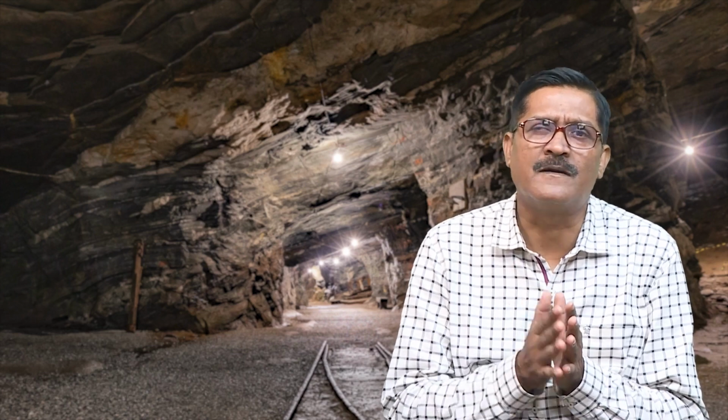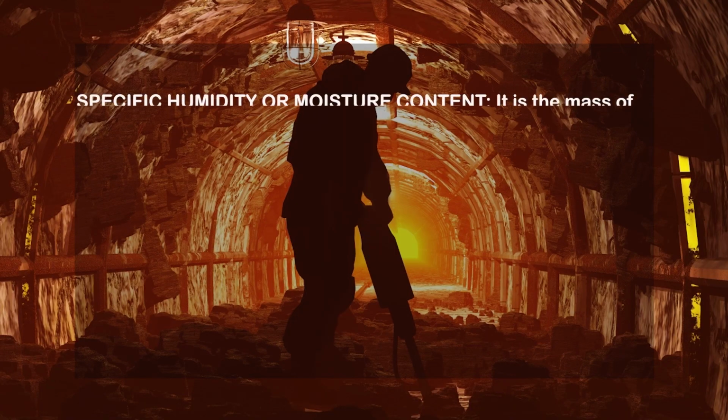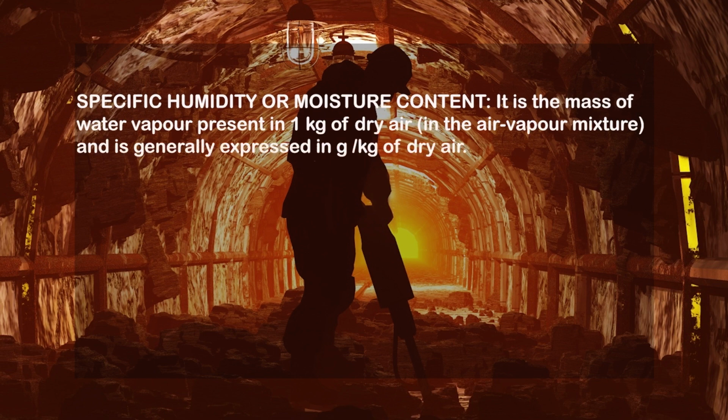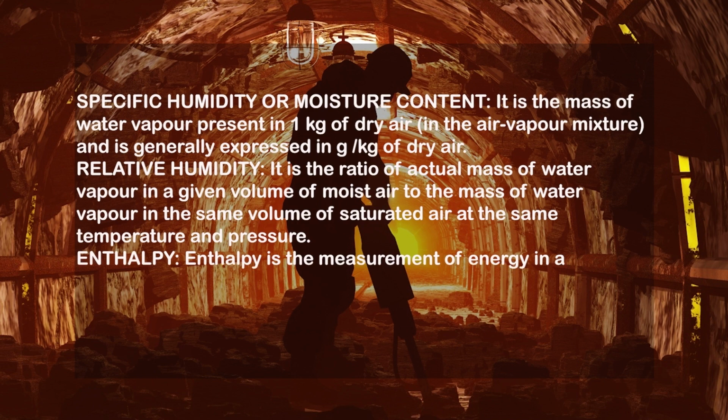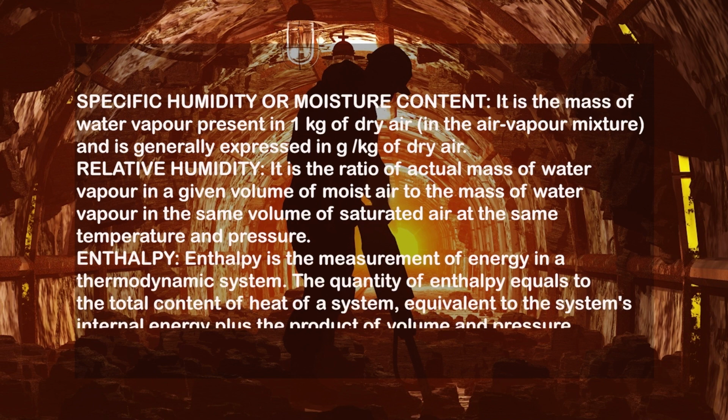Now, specific humidity or moisture content. It is the mass of water vapor present in 1 kg of dry air in the air-vapor mixture and is generally expressed in gram per kg of dry air.